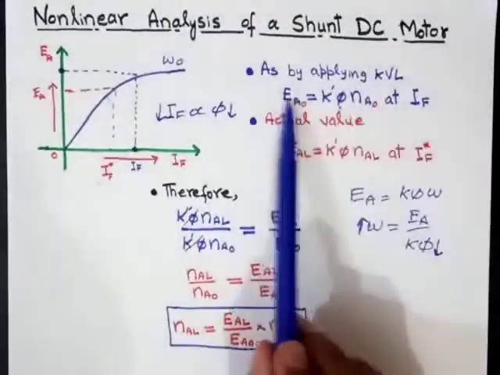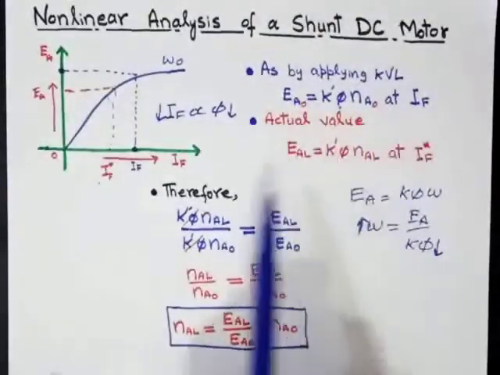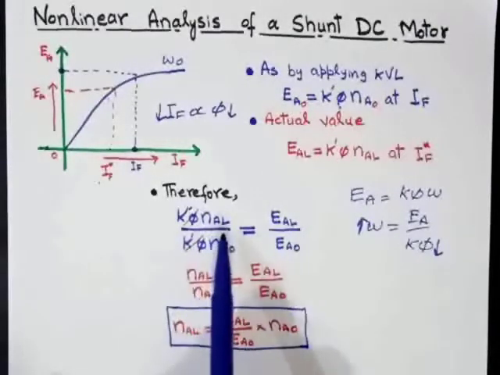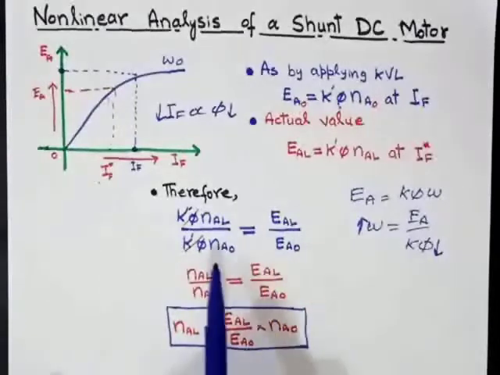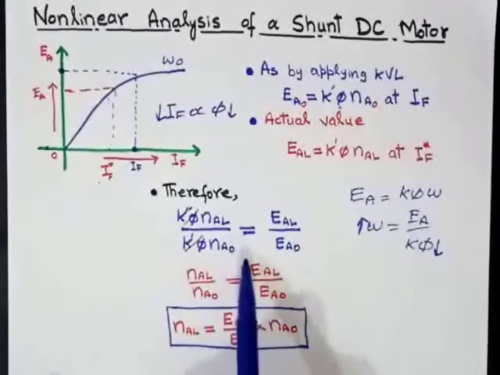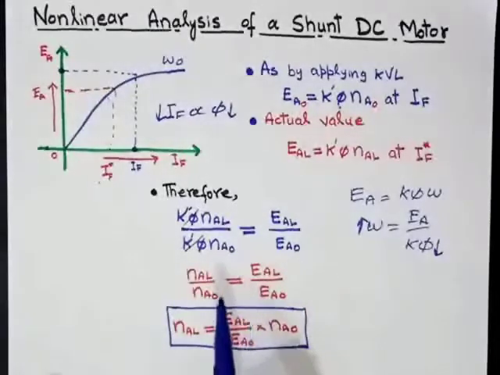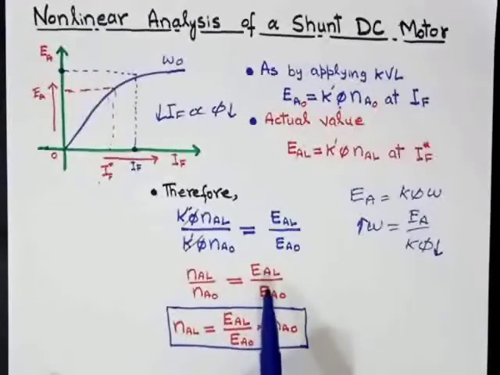So by using these two equations, EAL is equal to K dash phi into NAL, divided by EA naught is equal to K dash phi into N naught. K dash phi and K dash phi will cancel out. The remaining equation will be NAL over N naught is equal to EAL over EA naught.